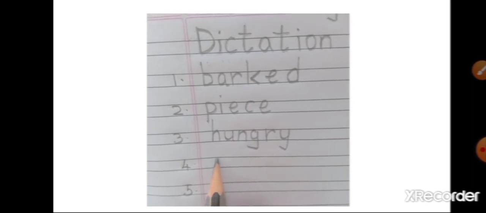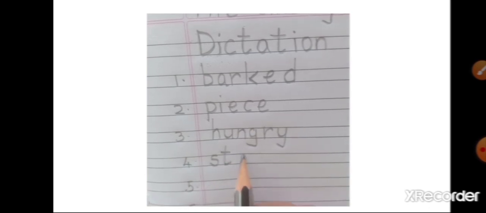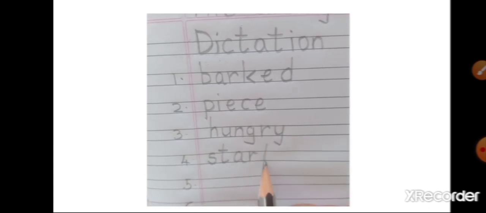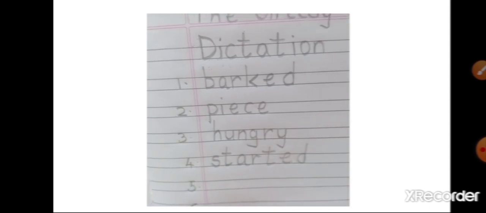Fourth word is started. S, T, A, R, T, E, D. Started. Then fifth word is cross. C, R, O, S, S, cross.